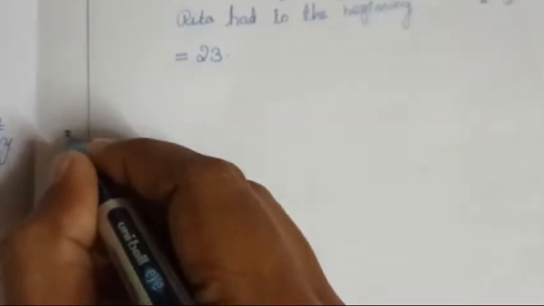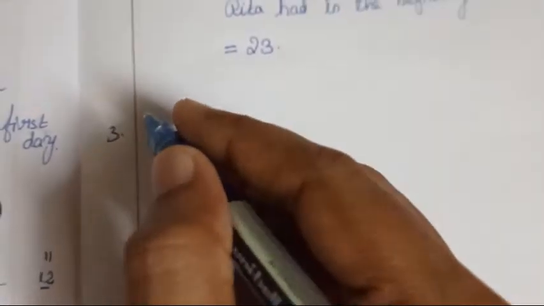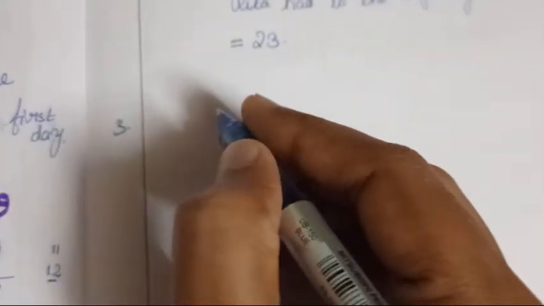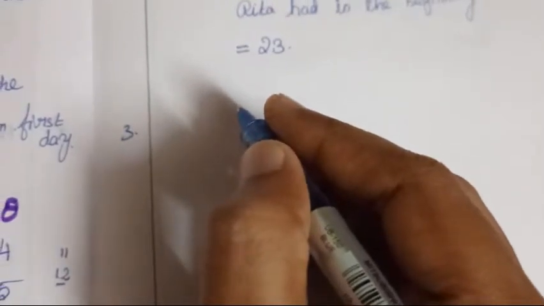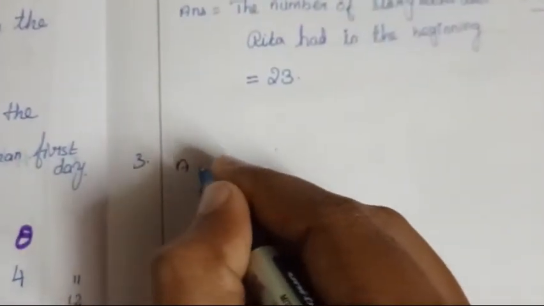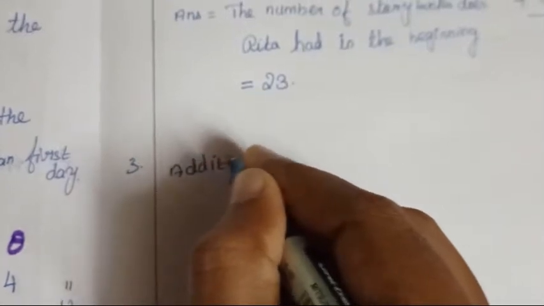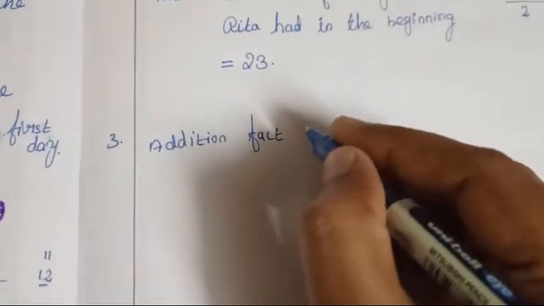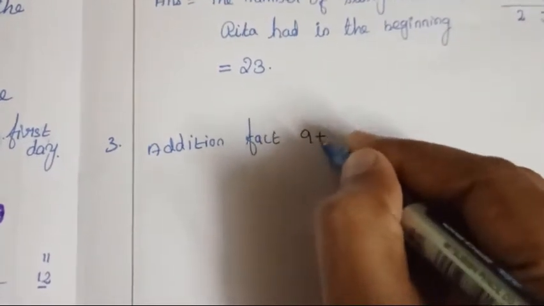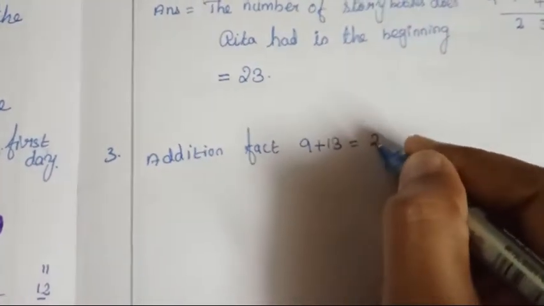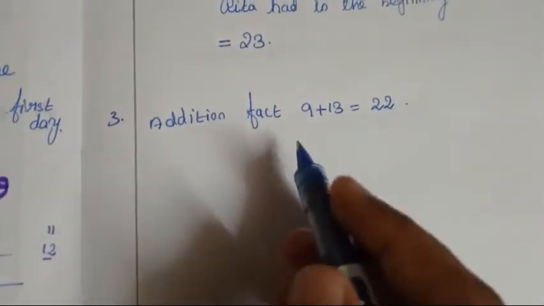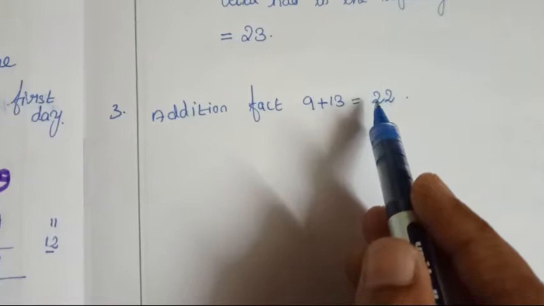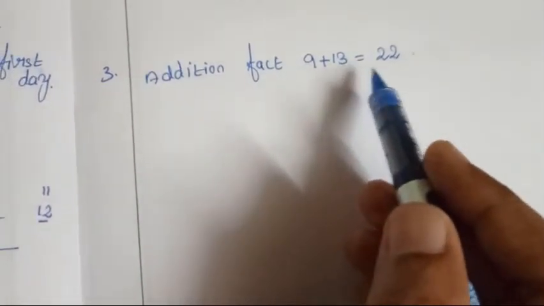Okay, let's frame a word problem for this addition fact: 9 plus 13, which gives us 22. We have to frame a word problem using this addition fact.